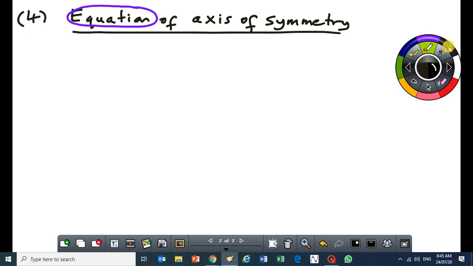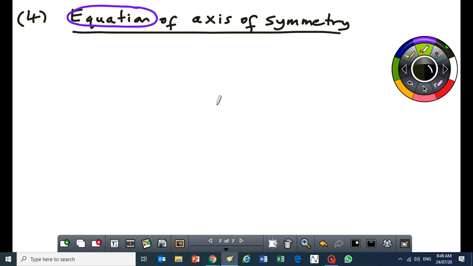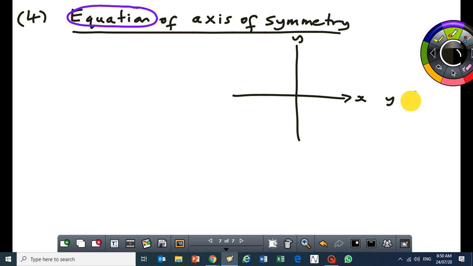That's very important. Now, from your understanding, an equation must be in terms of what? This is your y-axis, and that's your x-axis. The x-axis is a horizontal line, so its equation is y equal to 0, because it's a horizontal line and y is 0 here.